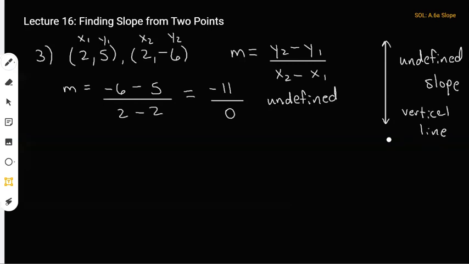Typically, the equation for a vertical line is going to be x equals c, where c is just some constant, some number. So whenever you graph the equation x equals c, you're going to get a vertical line that has undefined slope.